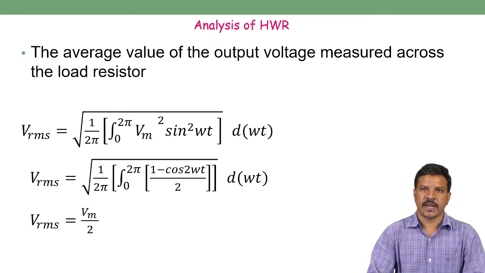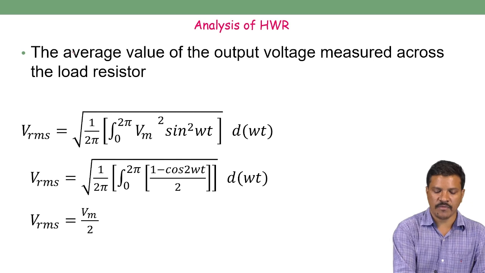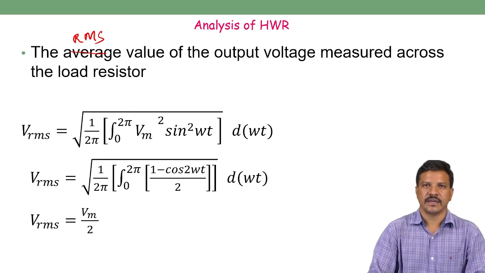The next parameter we need to calculate for the rectified output is the average value of the voltage measured across the load resistor. Similarly, what will be the RMS value across the load resistor?